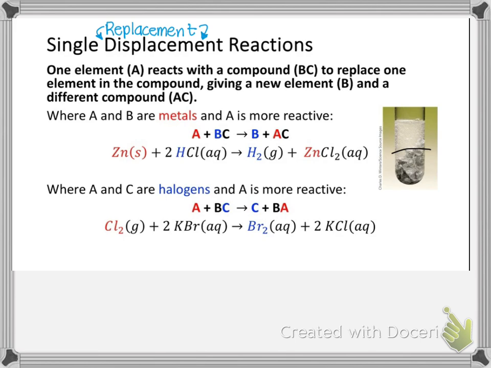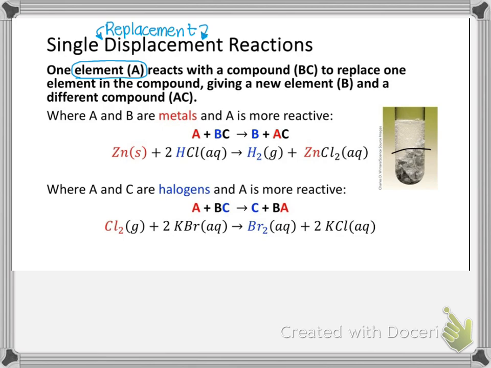So let's look at what it is. We have a single element, one element, and up here they're just referring to it in the notes as A. Now, how will I know, looking at a chemical formula, that it is an element? Think back, this is like in chapter 3. Elements can only consist of one type of atom.